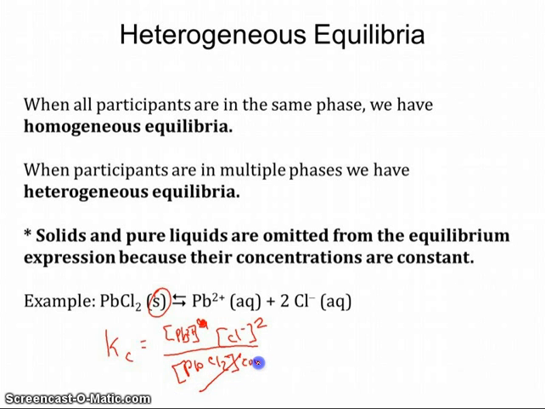So I'm going to say constant. And so really this is equal to K times Pb2+ times Cl- squared. And when we do this in a situation like this where I have a solid dissolving, we would actually call this Ksp, the solubility product, where these two things are going into solution. So always omit pure solids and pure liquids.